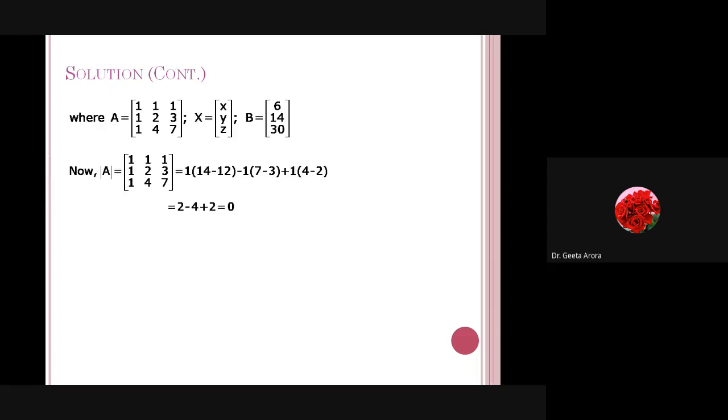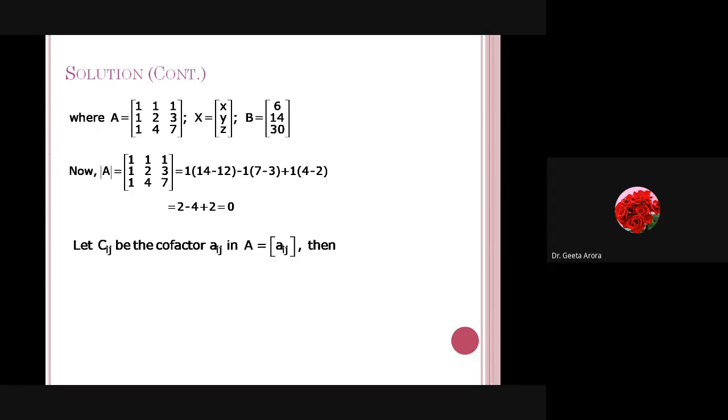Again, what do we have to find out? First, we have to find the determinant, because if the determinant is 0 or non-zero, based upon this we can say whether the inverse will exist or not. Here you can see that in this case, the determinant of A is equal to 0. So it means the inverse will not exist.